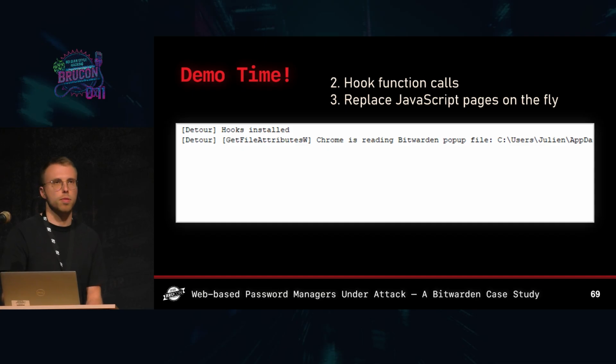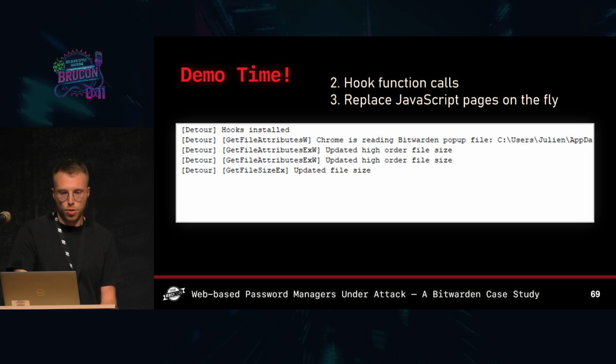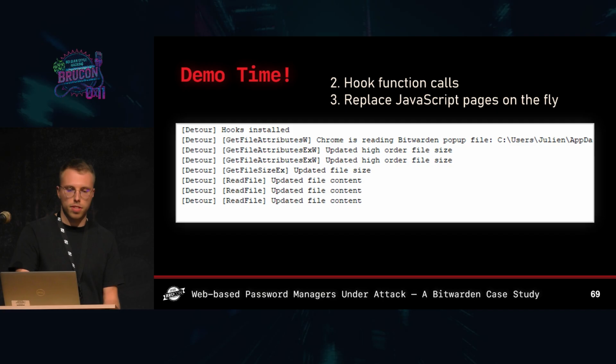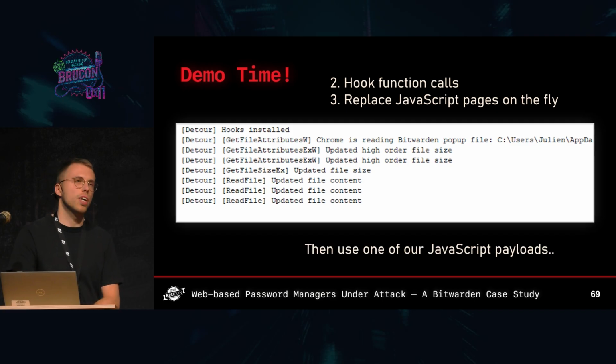So now that we identified that, we are going to be modifying any further call related to this file to load our backdoor inside. So we are going to update, for example, the file size, because there is an additional line, and also the file content. And now we can use any of our JavaScript payloads that we detailed already, and so on and so on. You know the drill now.